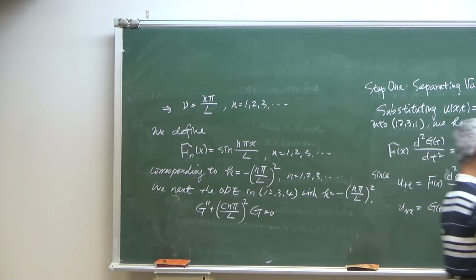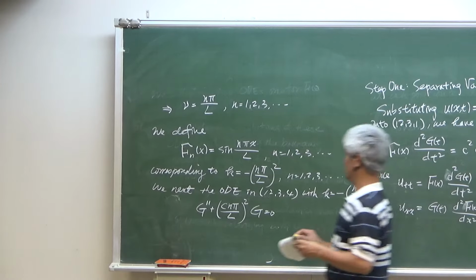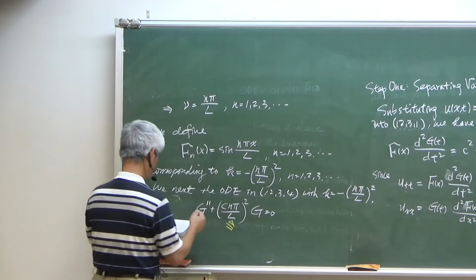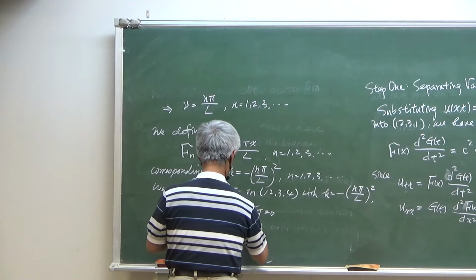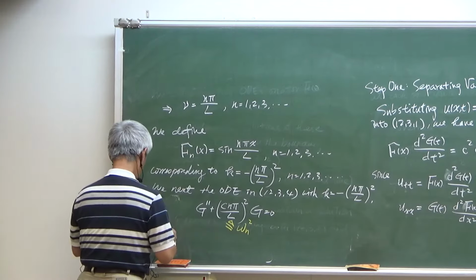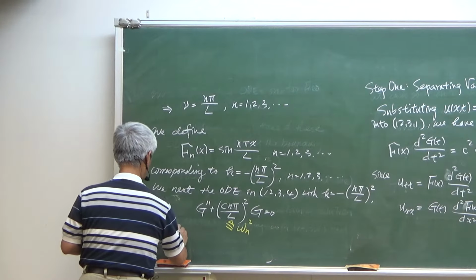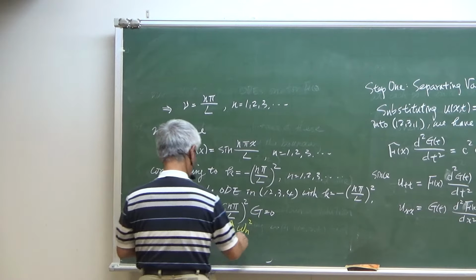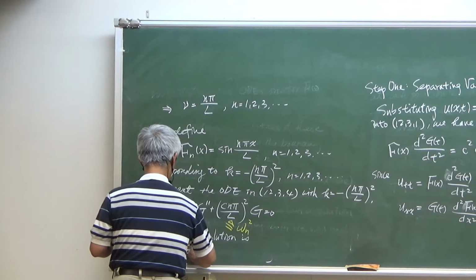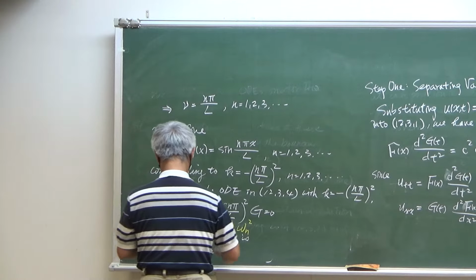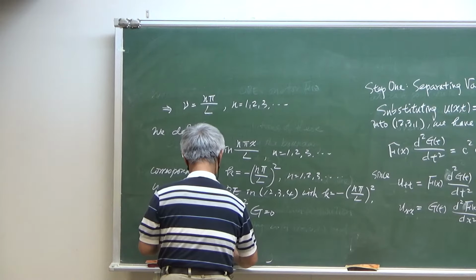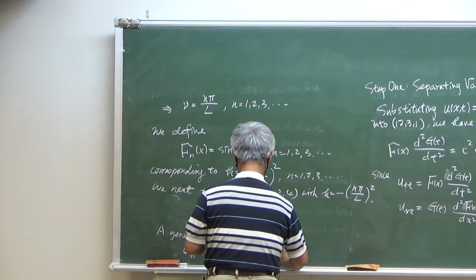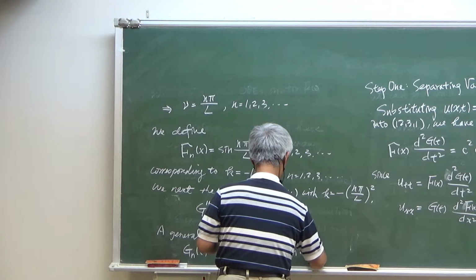And we define this one to be omega squared. So a general solution is g n of t, which is equal to B n cosine omega n t plus C n sine omega n t.